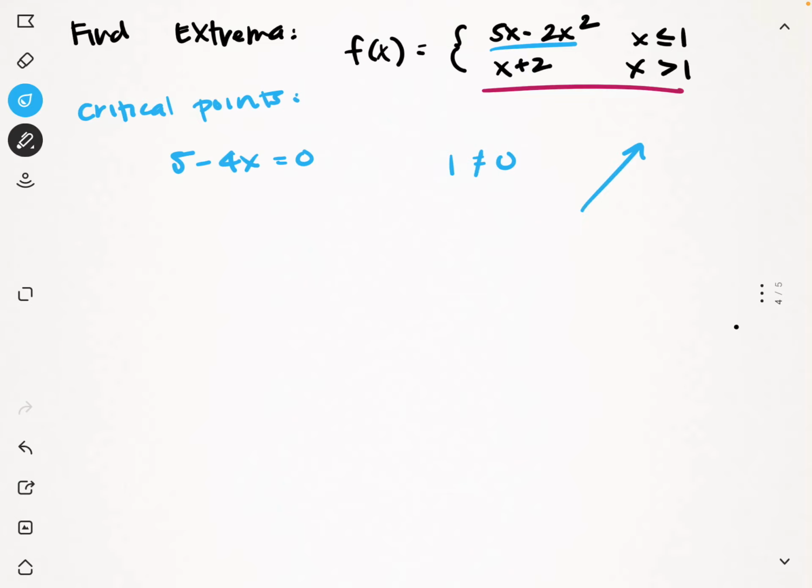Therefore, it's not going to have any critical points where it turns from positive to negative or negative to positive. So we're not worried about this one, right? But on the left-hand side, 5 minus 4x equals 0, we can solve this algebraically, and then we get x equals 5/4.